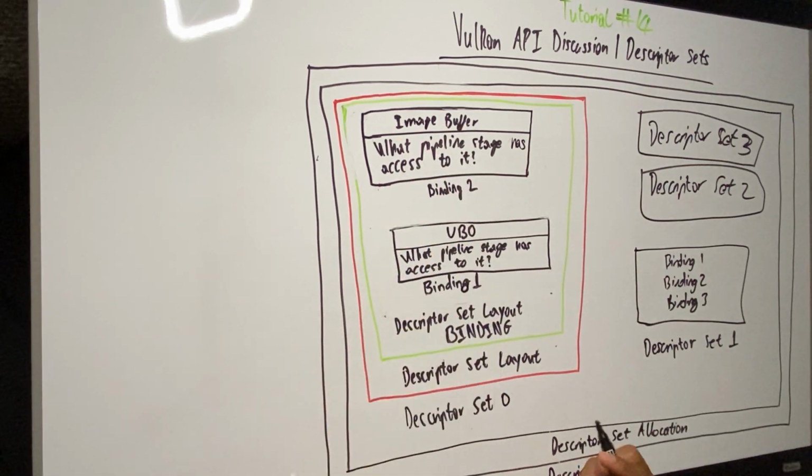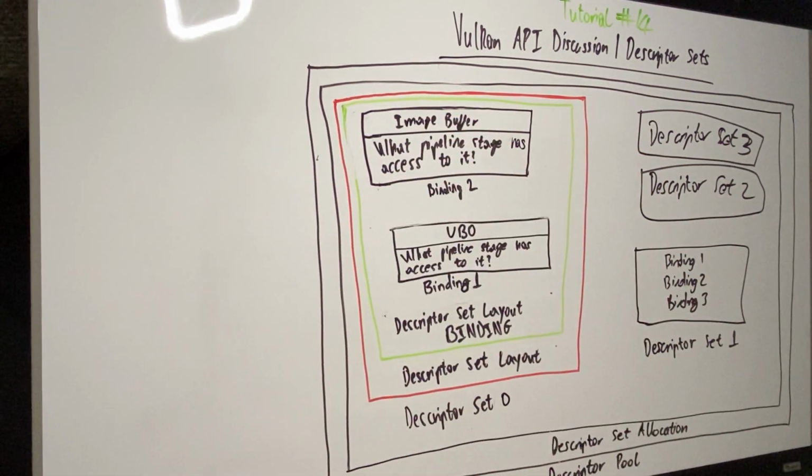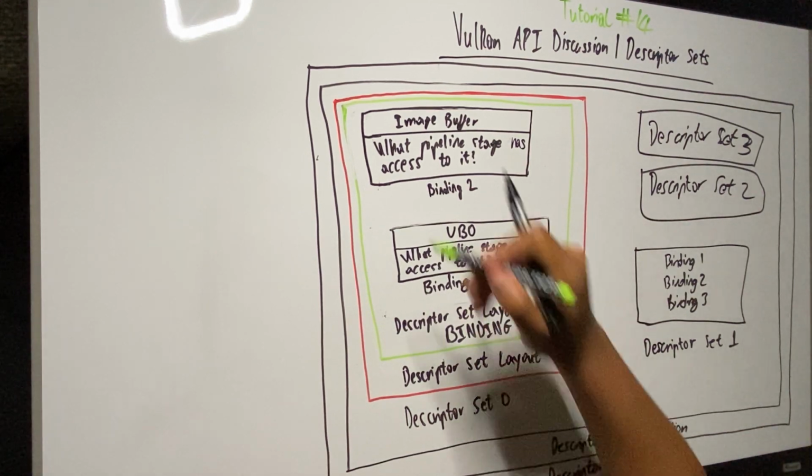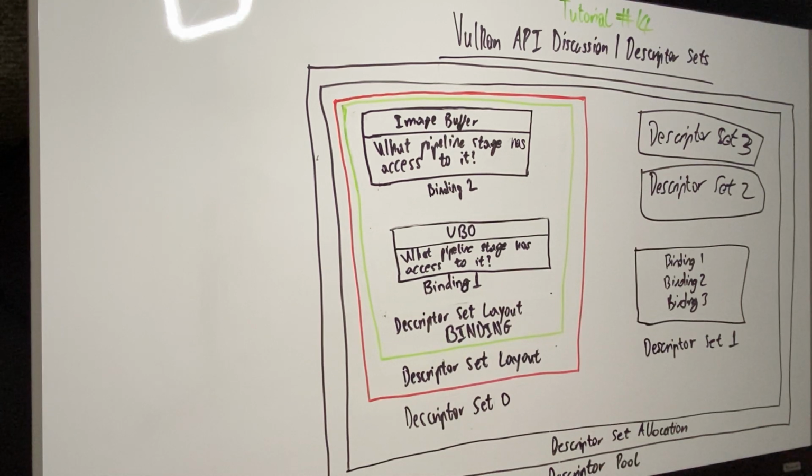Binding one, binding two, and this conversation here is encapsulated. Let me get a different color. How about that?